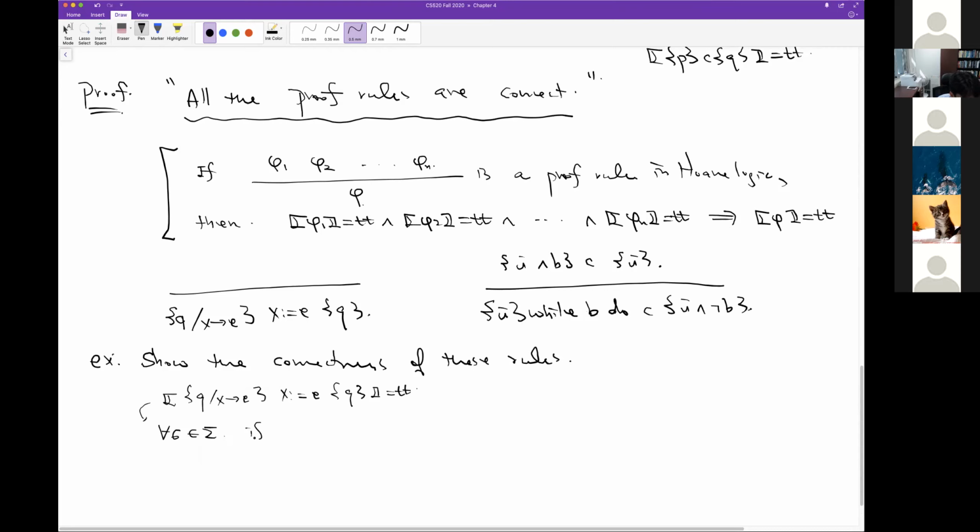if the state sigma satisfies the precondition, then I'm going to use some notation, which is the following: Q lifted.